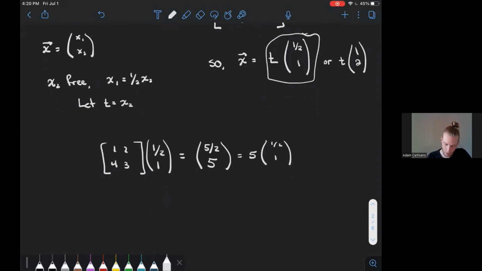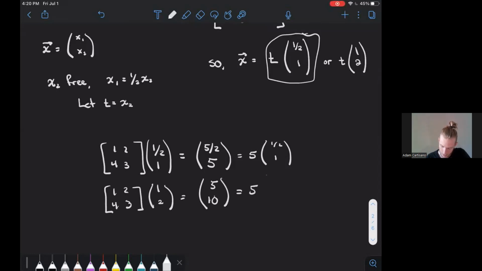Check that with 1, 2. And what do you get? Well, you get 5, 10, which is precisely 5 times 1, 2. Every time. So any vector of this form is going to have this property. They're all eigenvectors corresponding to the same eigenvalue.